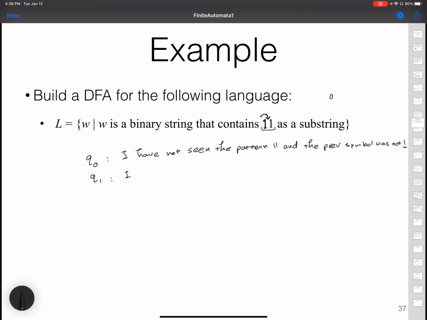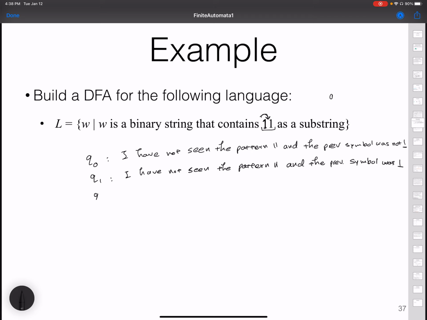Sorry, so again, the Q1 this time is going to be, I haven't seen the pattern 1, 1, and, or you can just write it as and, basically, because it doesn't really mean, and the previous symbol was 1.